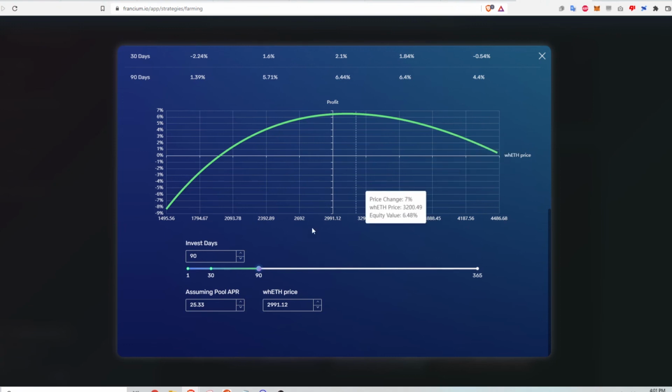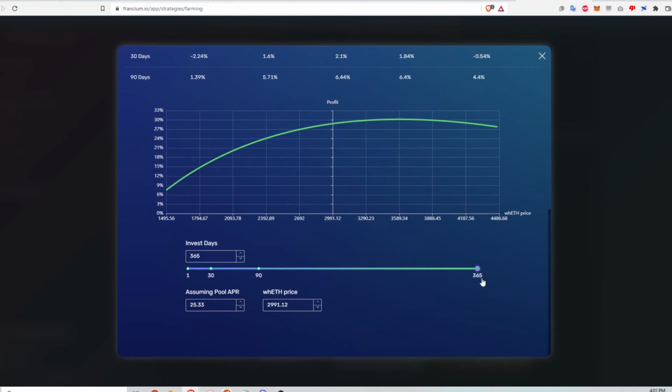I just want to stress that this is highly unlikely because the pool will probably change its APR as time goes on. So realistically, at 1 year invested in the strategy, it says there's no way I would lose money, but that depends on a constant APR from that liquidity pool. So highly unlikely, but it's interesting to see what you can potentially theoretically gain.